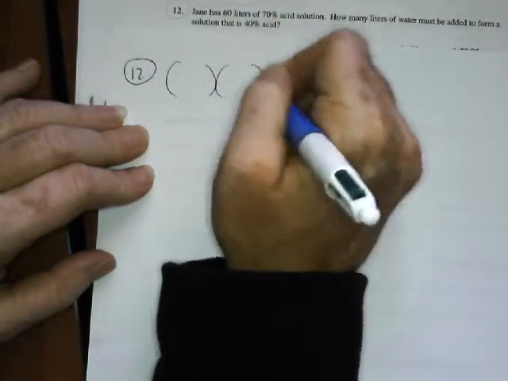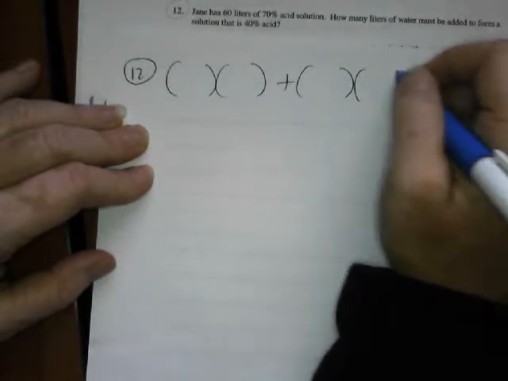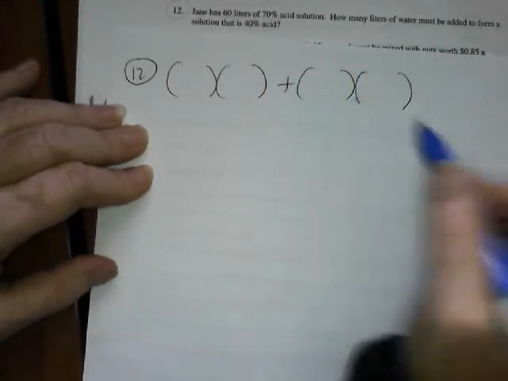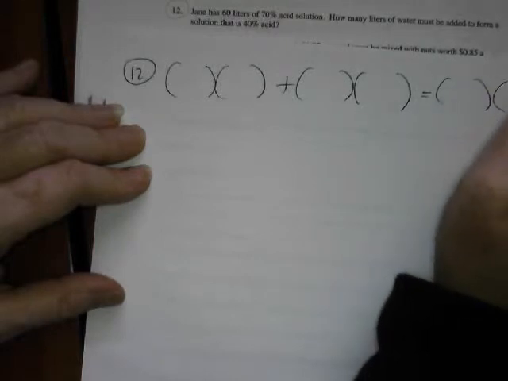Number 12 is one of those acid ones. So again, I'm going to just have something times something plus, because we're dumping something in, and then we're going to dump something else in with it and mix them all together, and then we're going to end up with something.